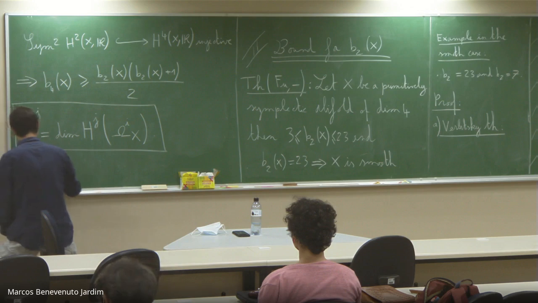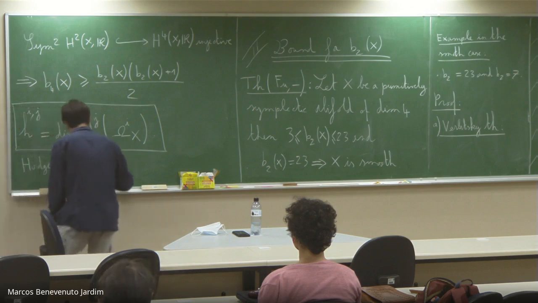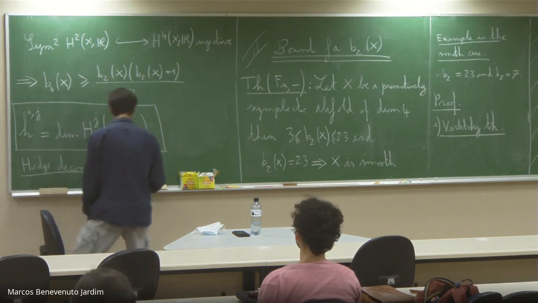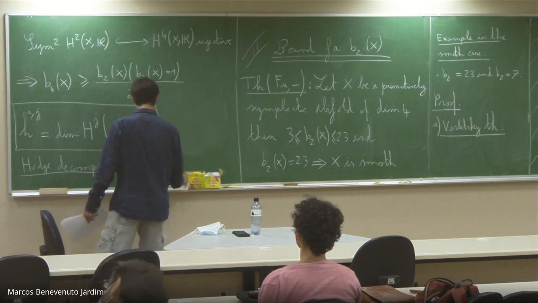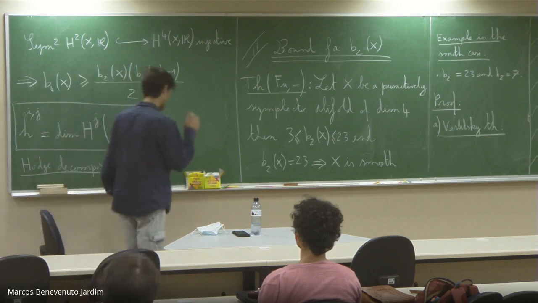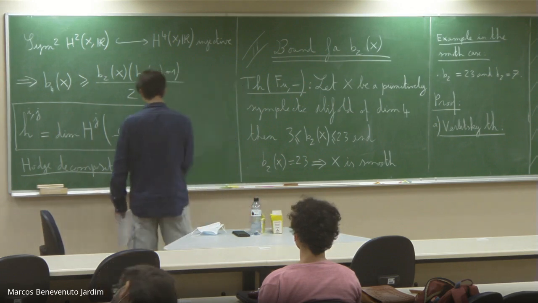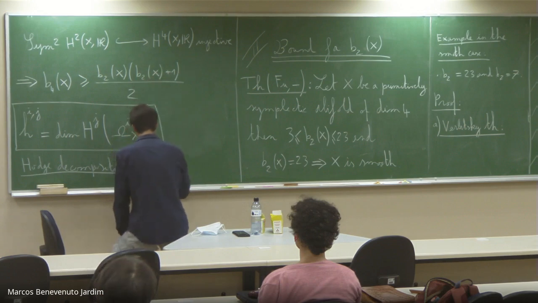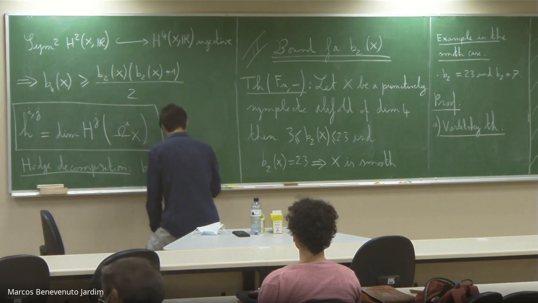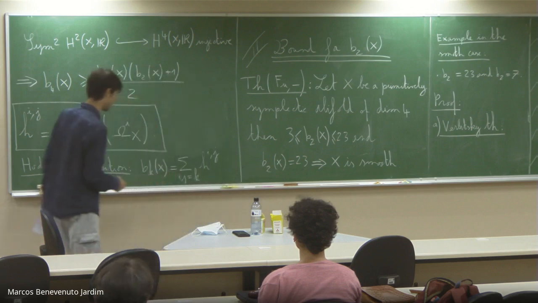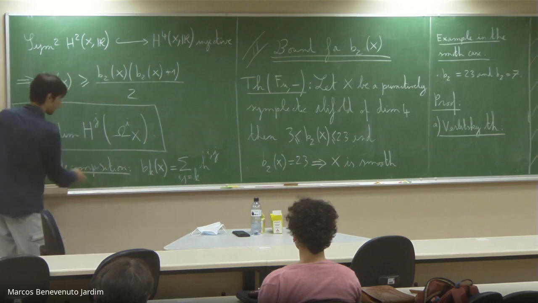For a Kähler manifold, and also for a Kähler orbifold, the Hodge decomposition works, and it gives you the following: the b_k of X will be equal to the sum of h^{i,j} with i plus j equals k.